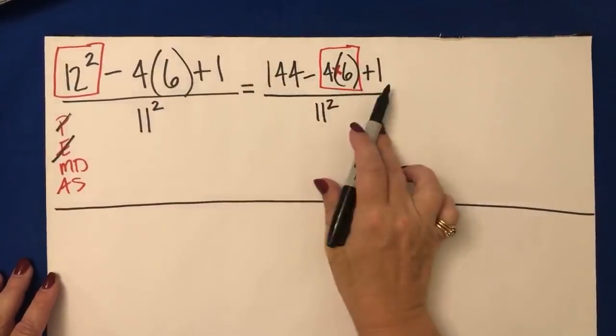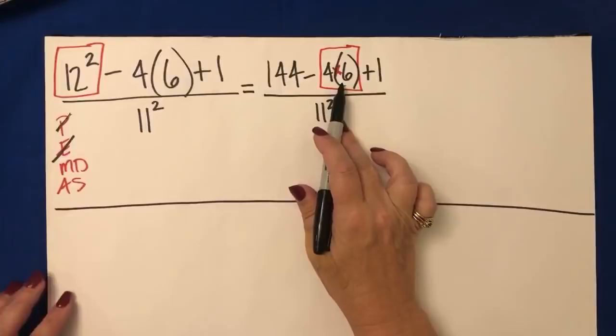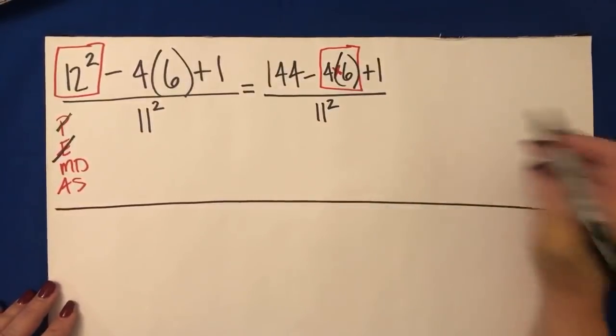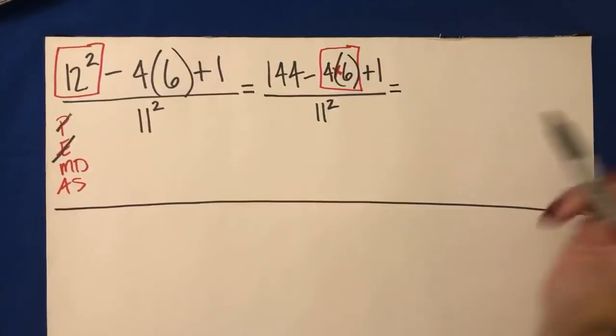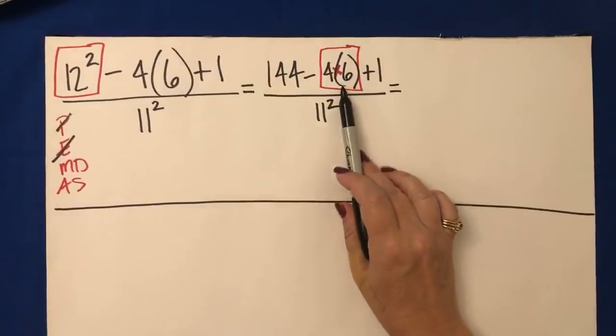So I'm going to move from the left to the right and solve that. So 4 times 6, what do we have for that?